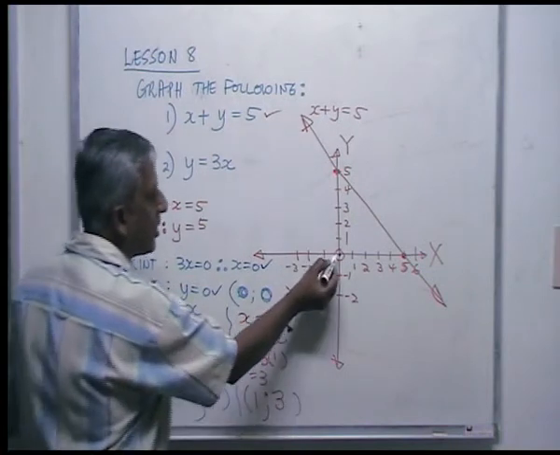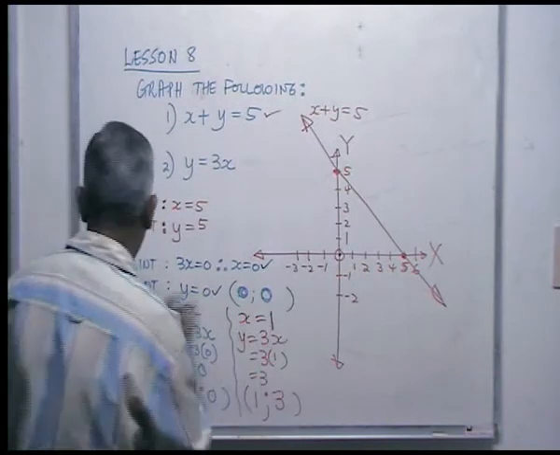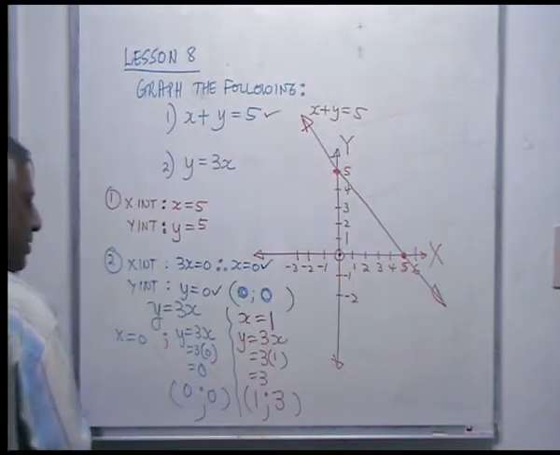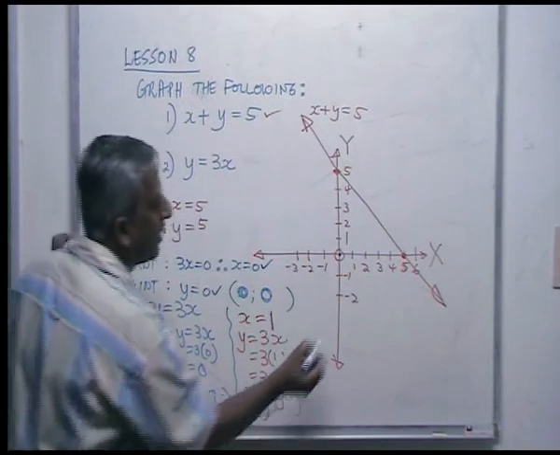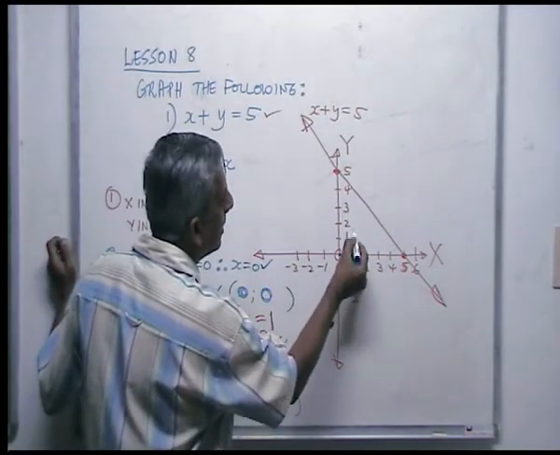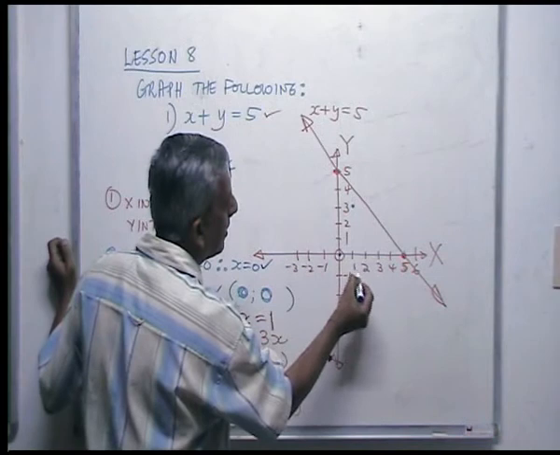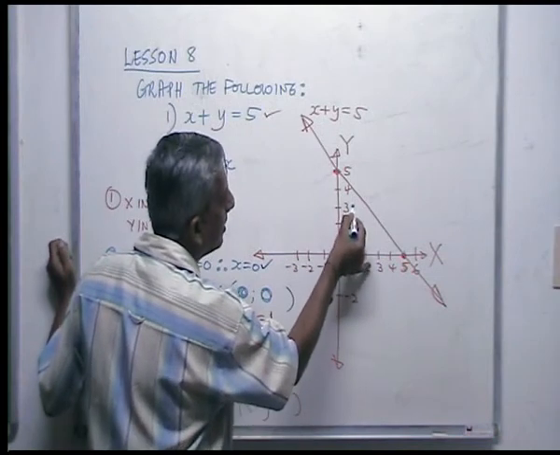You have 0, 0 already plotted there. Then you plot this one, 1, 3. There's your 1 going up to 3.